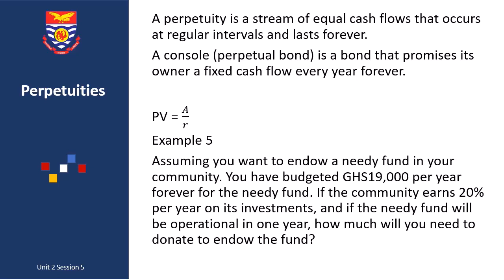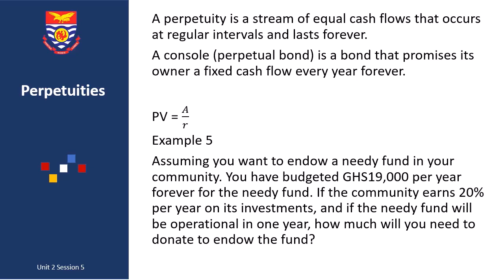So whenever the stream of cash flows occur indefinitely or it lasts forever, we use the perpetuity formula to find the present value. So perpetuity is a stream of equal cash flow that occurs at regular intervals and also lasts forever. A consol or perpetual bond is a bond that promises its owner a fixed cash flow every year.